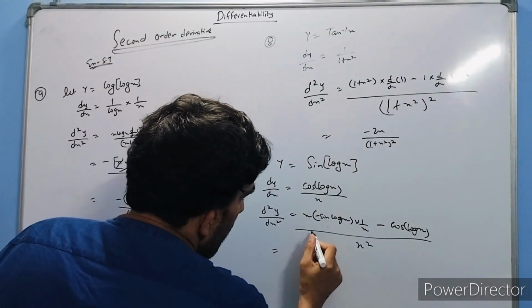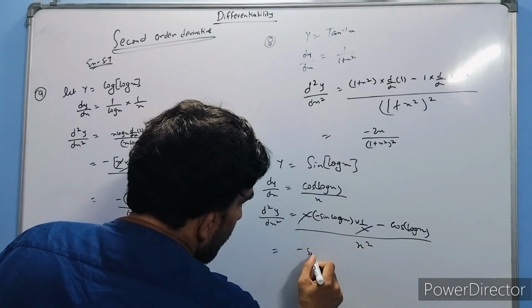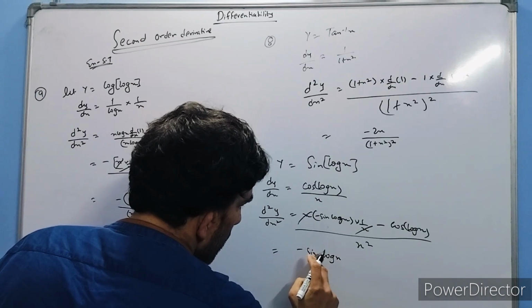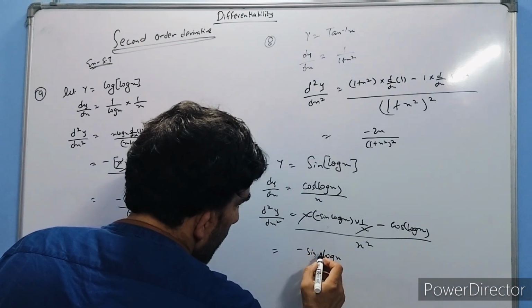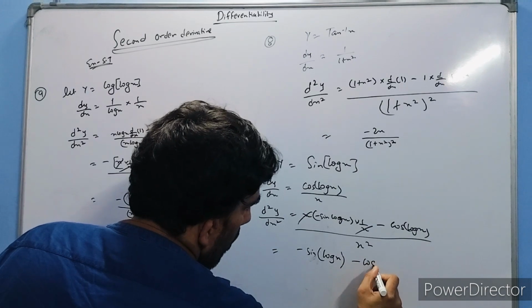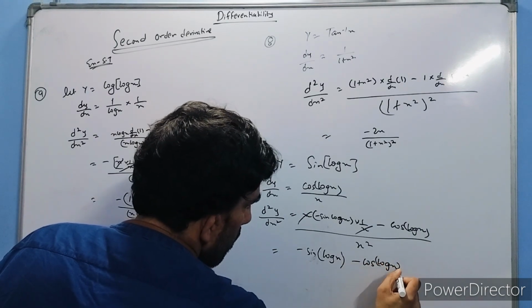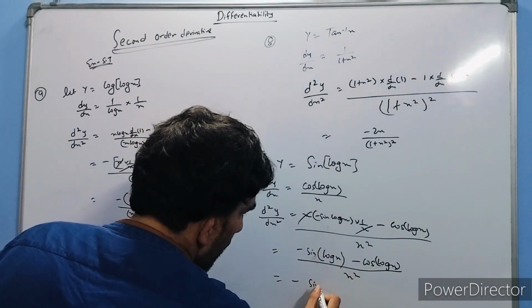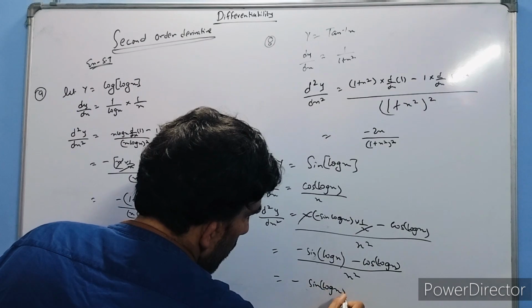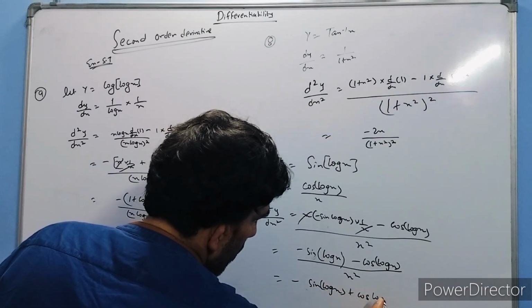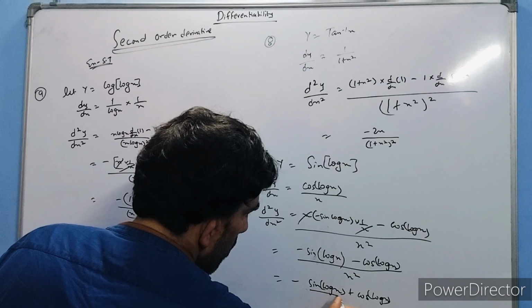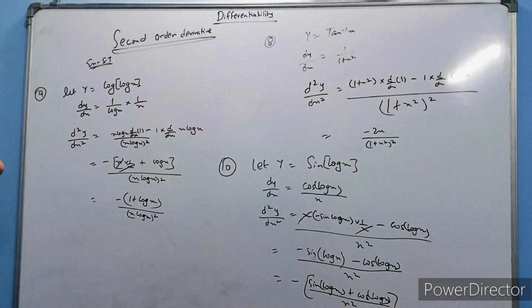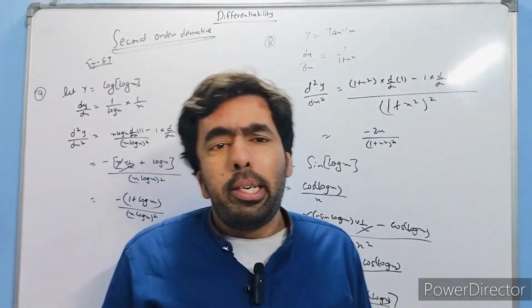So we'll have minus sin log x minus cos log x upon x square. Okay, so that is how we try to differentiate the function twice.